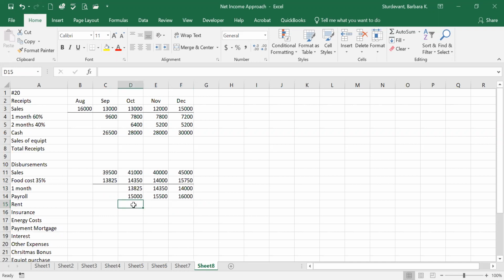So rent is paid every month. And energy costs are paid every month.